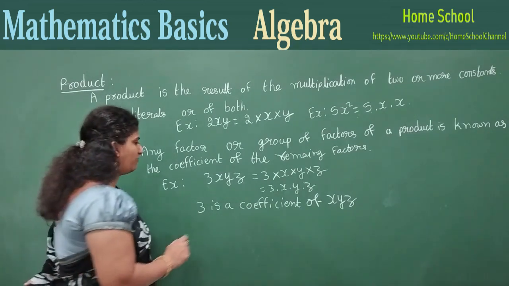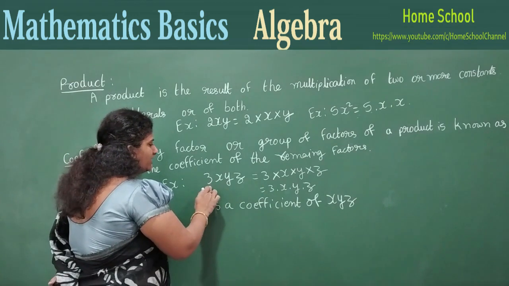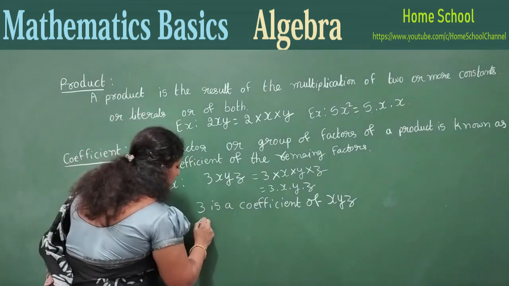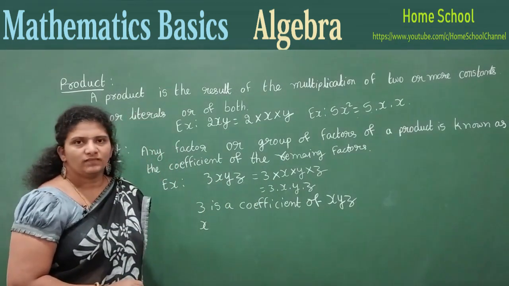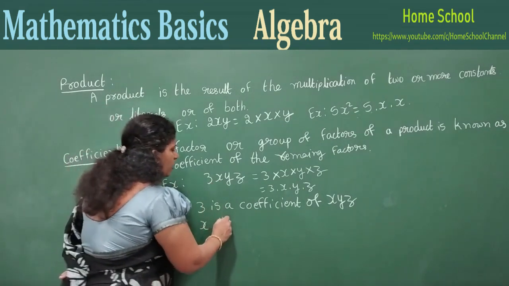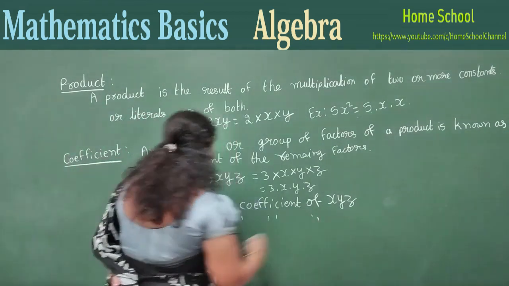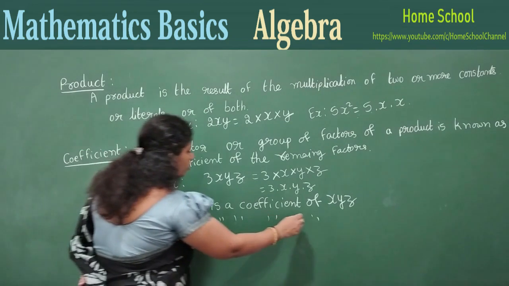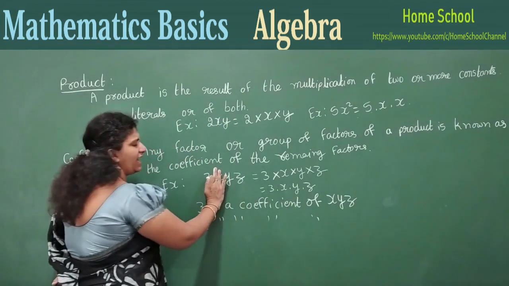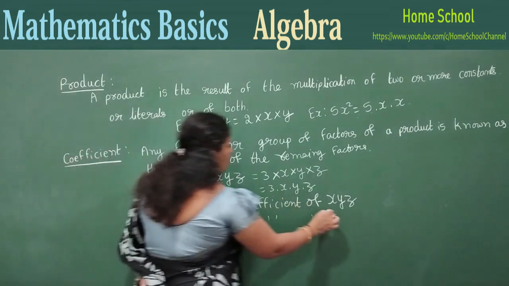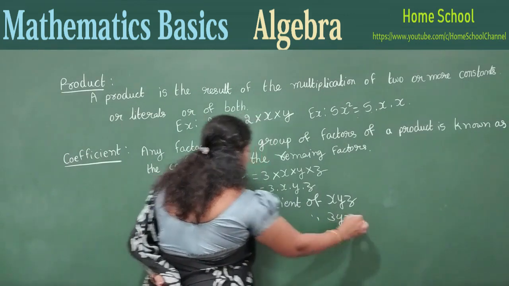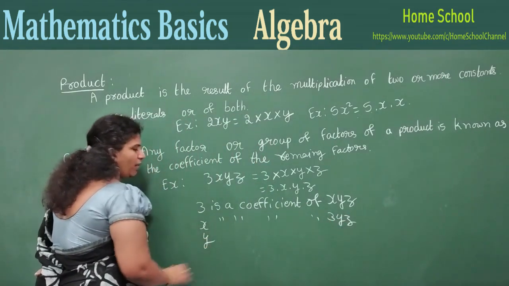So now the next one. Only 3 is the numerical coefficient. If I ask you x, other than x, the remaining are the same, children, observe here. x is a coefficient of, other than x, 3, y, z. Similarly, y.